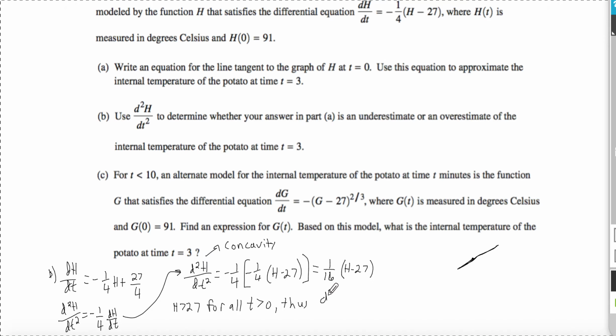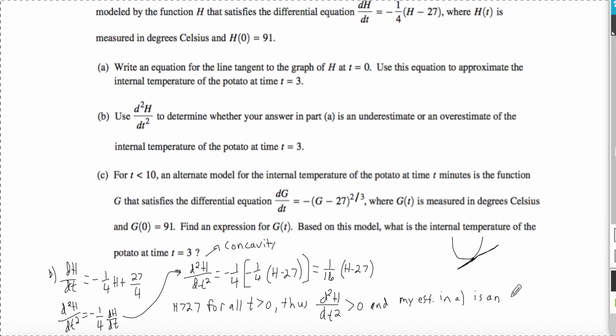Thus, the second derivative with respect to t is going to be greater than 0. And my estimate in A, the second derivative is greater than 0, which means my h curve is concave up, which means my estimate is an underestimate.